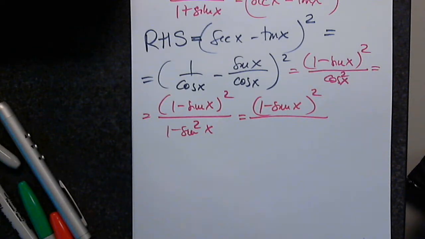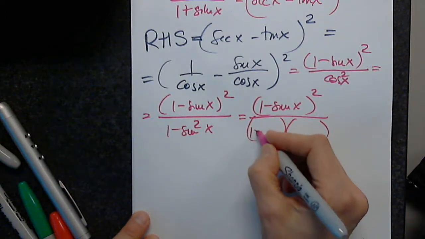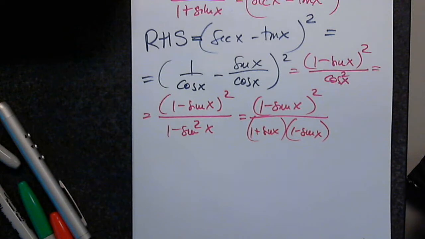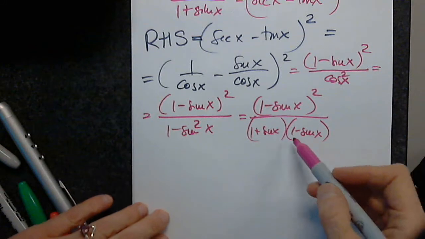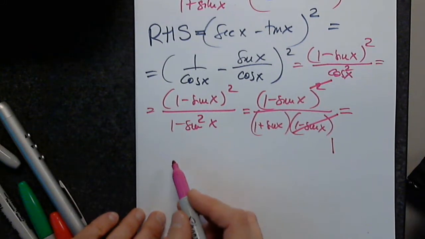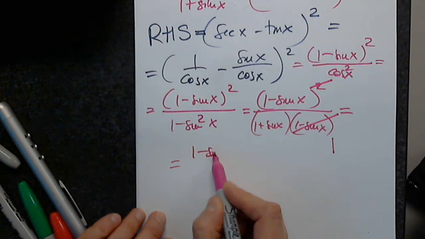Correct. So what do I do? 1 plus sine x, 1 minus sine x. Assuming all conditions are fulfilled, always keep that in mind. What will I do next? Now you factor out 1 minus sine x on the top and bottom, they can cancel. And what is this? So that's the left side.